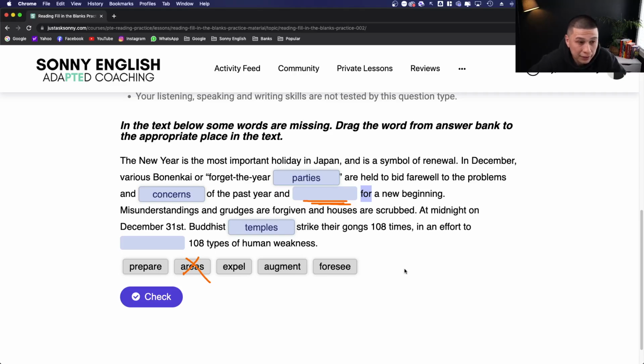That is a preposition. So oftentimes these are verbs, all of these are verbs, and they can be a dependent preposition. If you read through these, one of them sounds good with that "for," doesn't it? Prepare for, expel for, augment for, foresee for. Which one sounds good just without even understanding the context? Do you agree that prepare for just sounds good? That is a dependent preposition, right? You prepare for something. Done.